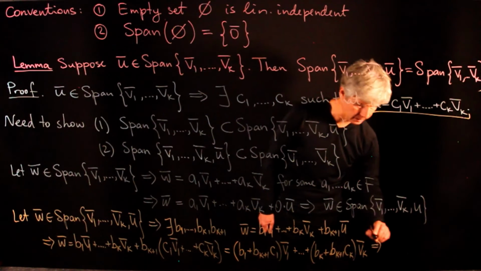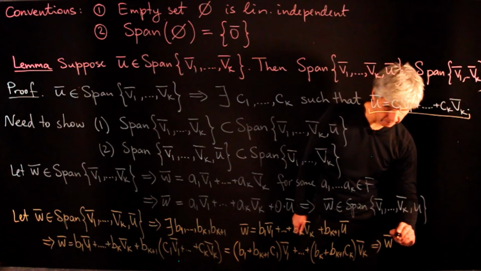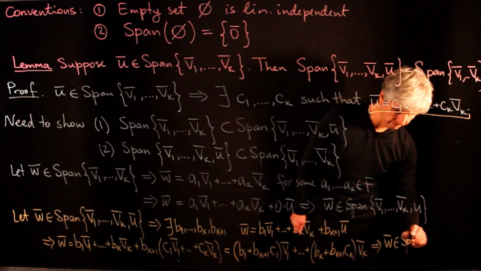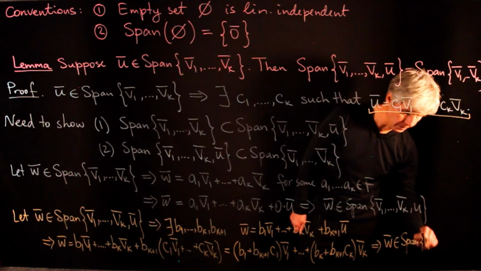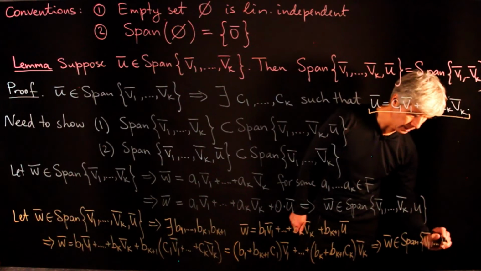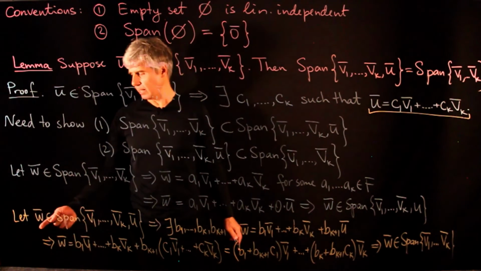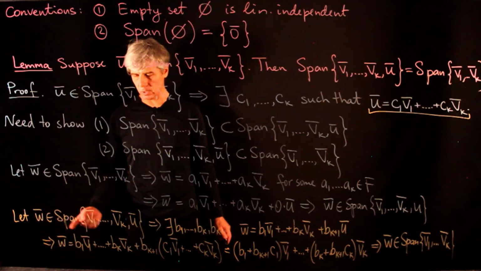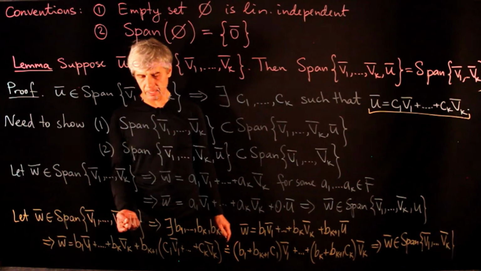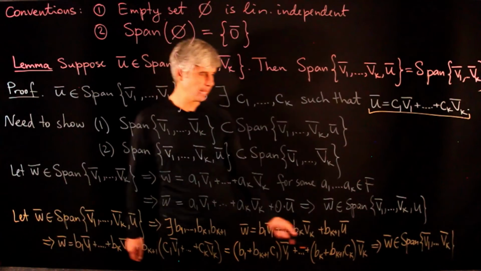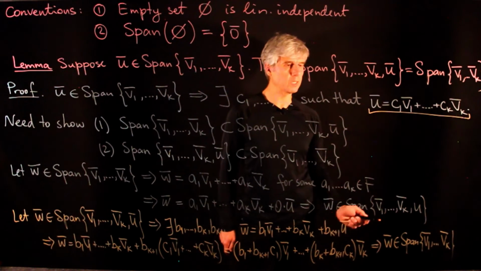And this tells us that w, in fact, belongs to the span of v1 through vk. Here we show that any vector that belongs to the span of the v's together with u actually belongs to just the span of the v's.